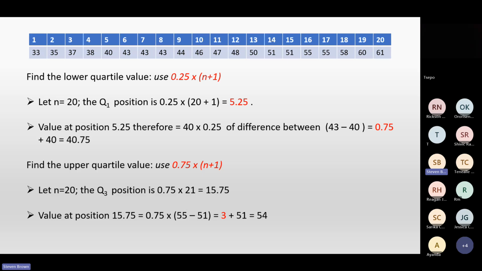Again, let me say that to you: the difference between 40 and 43 is 3, but we are looking for a quarter of that distance. We've got the 5 because the 5 is the 40. Then we take the 0.25 and multiply it by 3, which gives you 0.75. We then add it to 40 and get 40.75, our lower or first quartile data point.